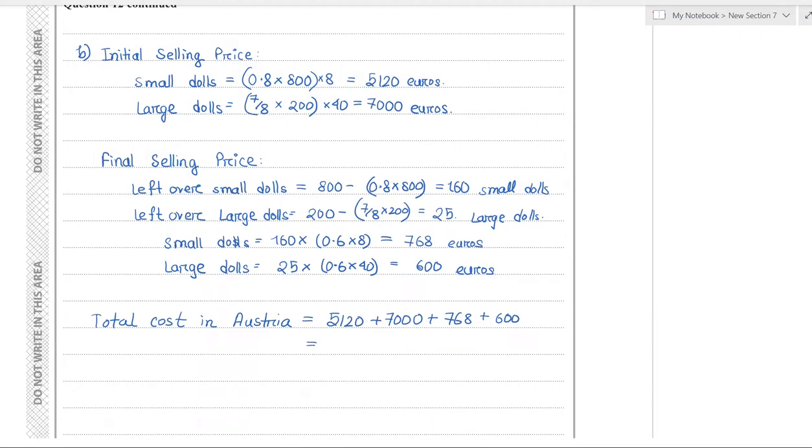If you add all this together, you get 13,488 euros. This is the total selling price, not cost, but selling price in Austria.